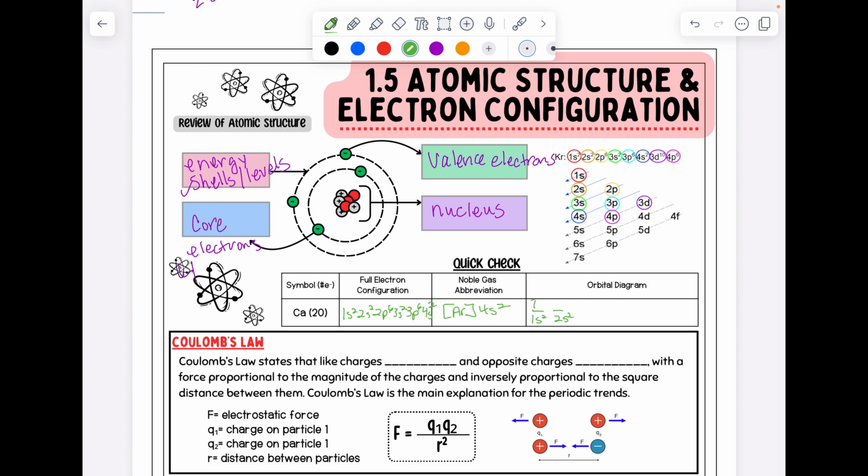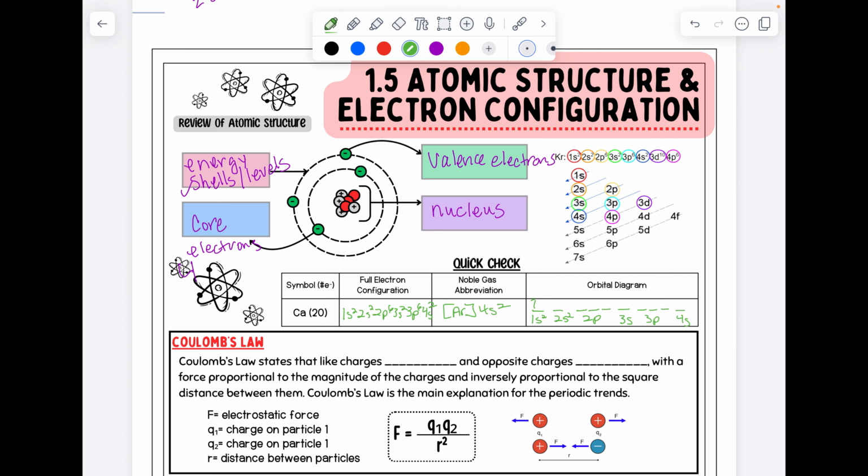Now the p, remember, the p configuration has 6 electrons, but they still pair up in 2s. So there are actually 3 lines for the 2p orbital diagram. Then we have the 3s, and then the 3p, and then we have the 4s.